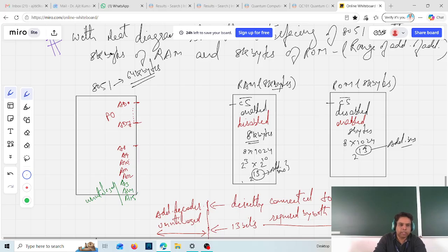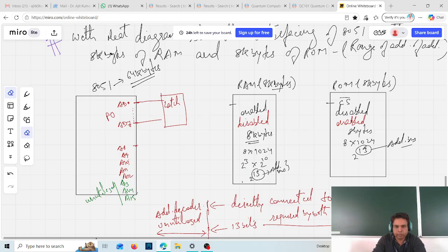Now AD0 to AD7 will be connected to the latch, so you have to draw one latch here. The output of this latch will be connected, and the CS pin has to be removed.